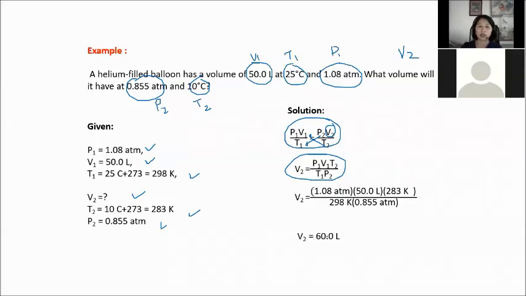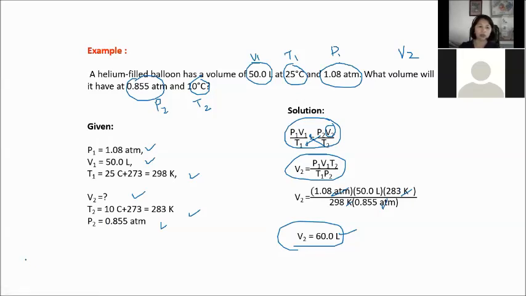So, again, use your calculator to obtain the final volume. Cancel atm with atm. And Kelvin, K with K, cancel. So, giving us L, our unit.